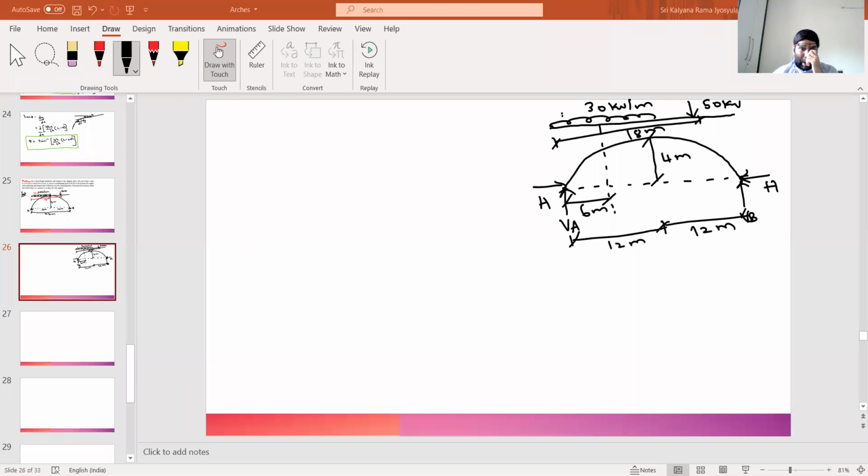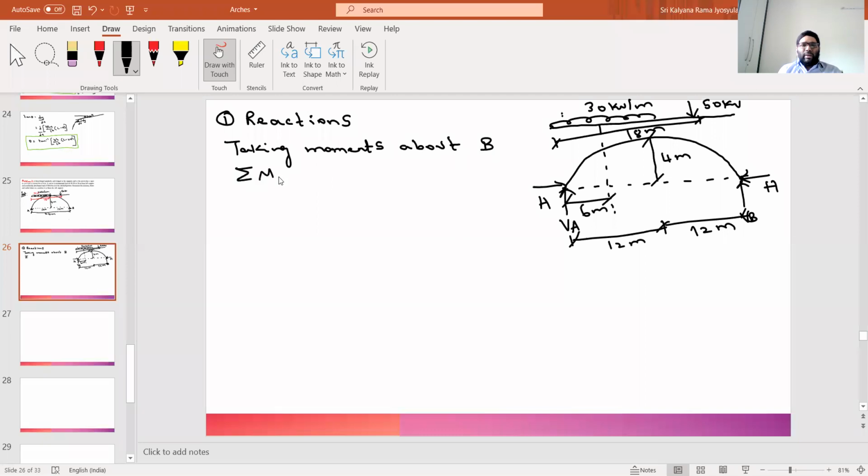Apart from that, we have, what else do we have? I will show it to you. So we can do it now. First step, reactions. Taking moments about B. This is similar to a beam. Taking moments about B, sigma MB is equal to 0. What does it imply?